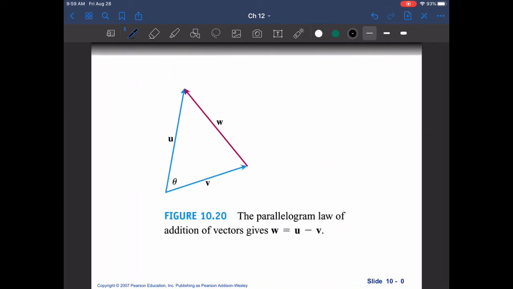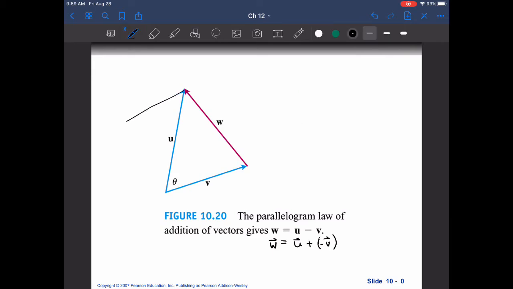All right, so take a look at this one. This is the parallelogram law of addition of vectors. As I said in a previous video, I prefer something more like w equals u plus negative v, and I really haven't encountered a situation where this doesn't work. You can always redo it just like this. Here's u. Let me draw it on here. We already have u.